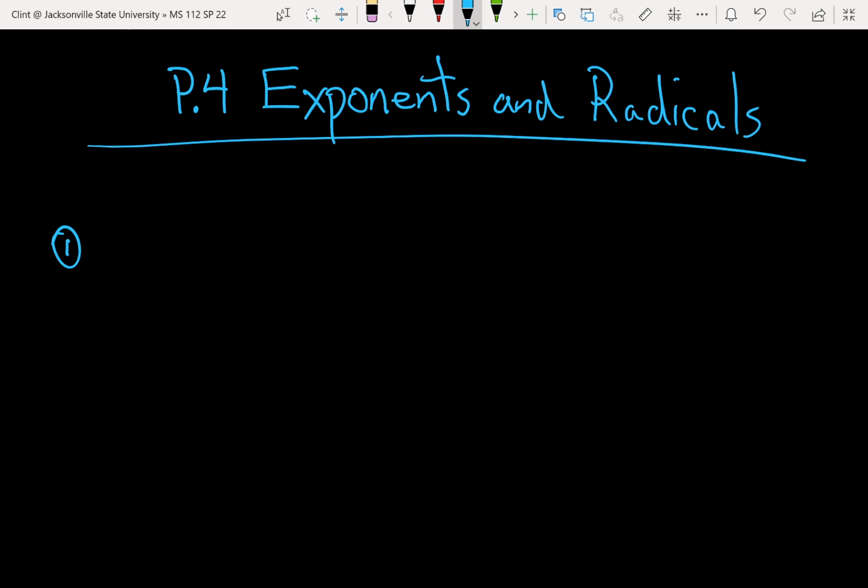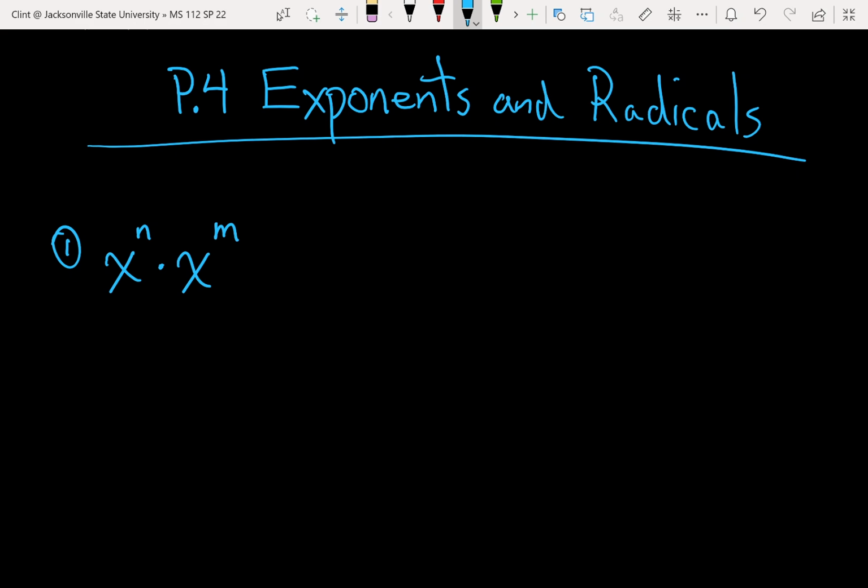We have something like x to the n times x to the m. Whatever, it doesn't even necessarily have to be a variable here. We just have some number that's the same, or we could have a variable that's the same.